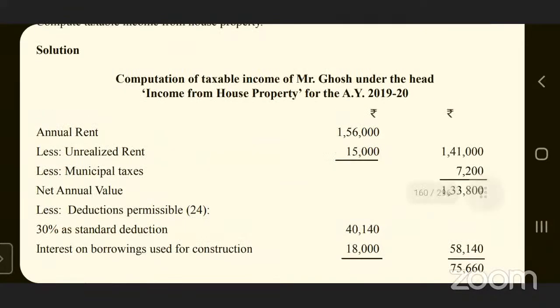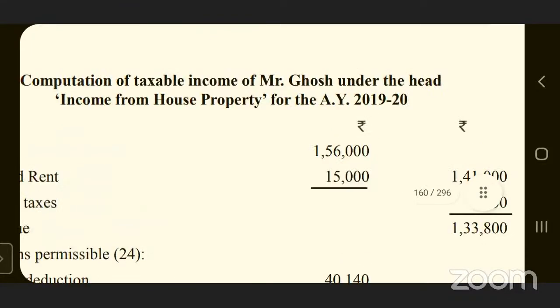So this is about computation of taxable income, which comes under the head of income from house property. And the foremost thing, which I ignored, is that you have to write the title. What you have to write? Computation of taxable income of Mr. Ghosh under the head income from house property for the assessment year. Here, please note that one.